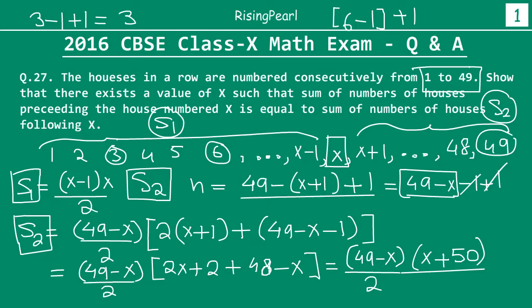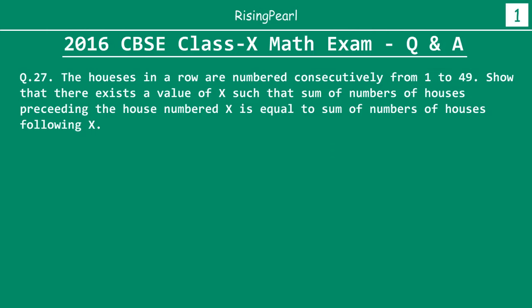So what is S1? We know that S1 equals x times x minus 1 by 2, and S2 equals 49 minus x times x plus 50 by 2. So let's write it over here. S1 is equal to S2.